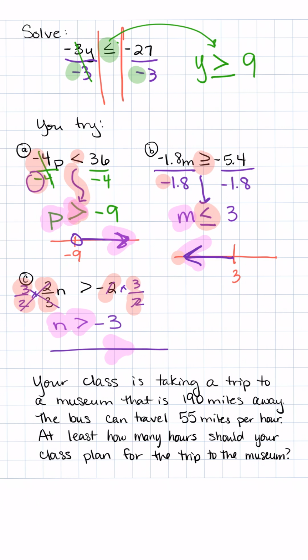Here we have -3. N is bigger than -3. Oh, sorry, and this was a closed circle because it's equal to. This one's going to be an open circle, and the arrow is going to go this direction, the same way as the inequality. It almost looks like the inequality.